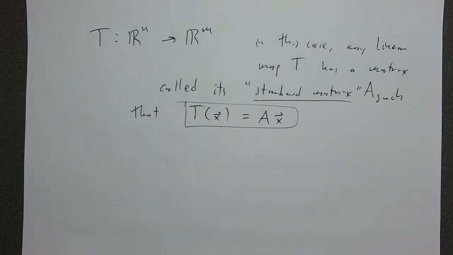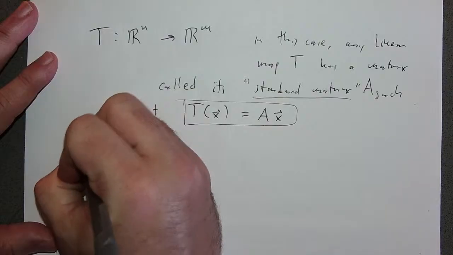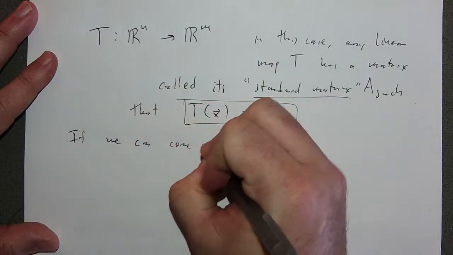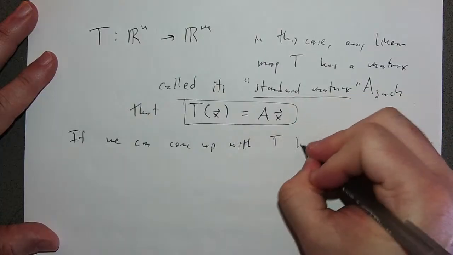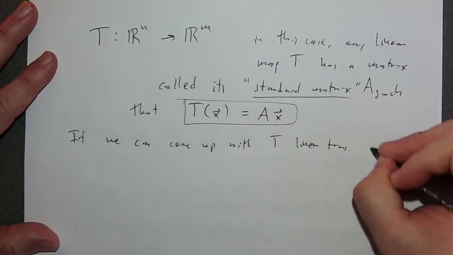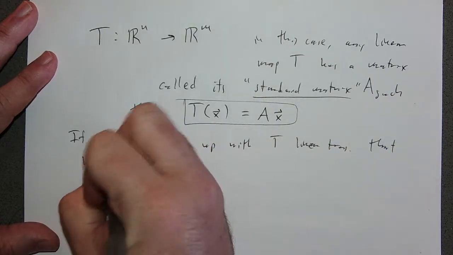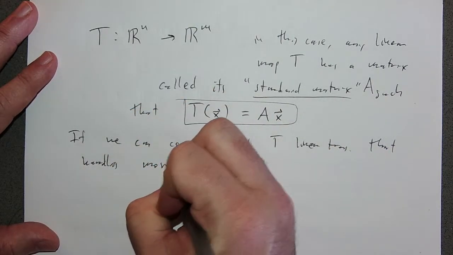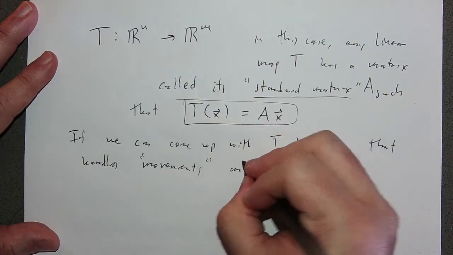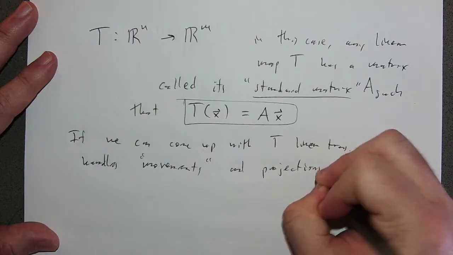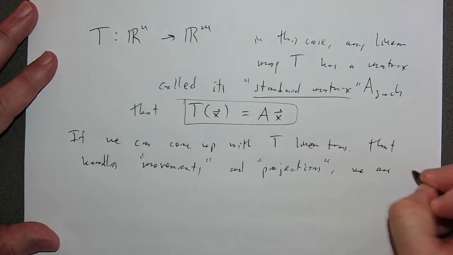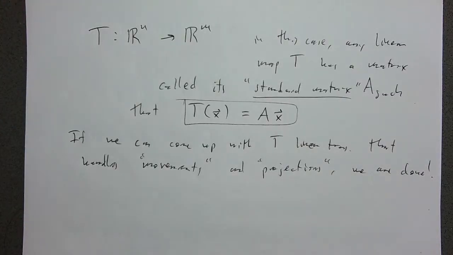So if we can come up with a linear transformation T that handles movements and projections, that does those things we talked about, we are done already. Well, that's nice.